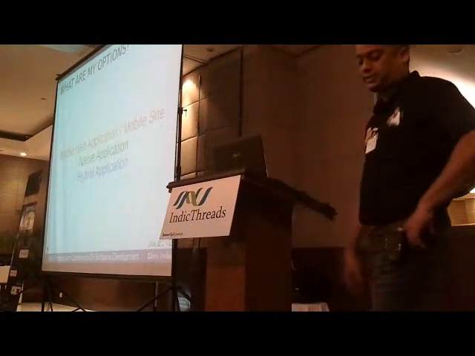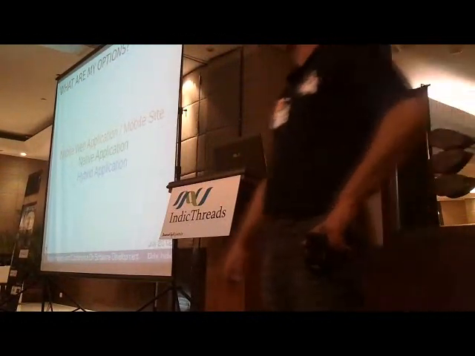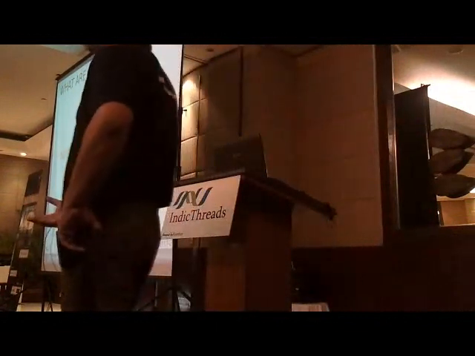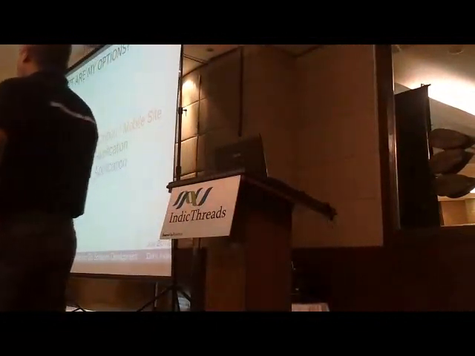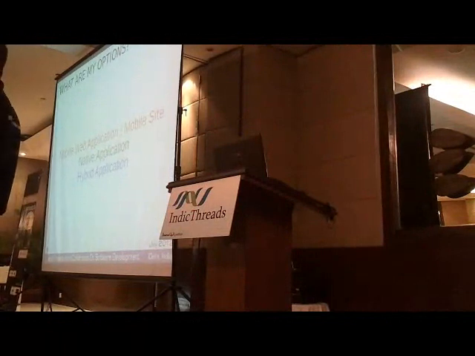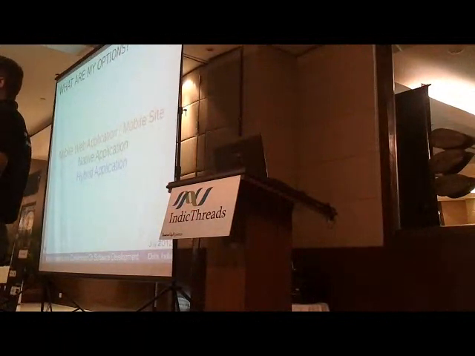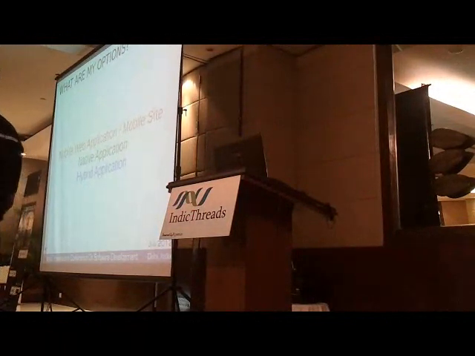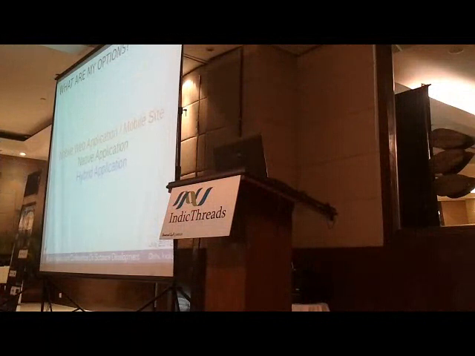Okay, so first step, if I want to become a mobile developer, what are my basic options? Let's forget the platform. What technology or what sort of an application can I build? The first choice is a mobile web application or a mobile site. For example, the BBC mobile site.